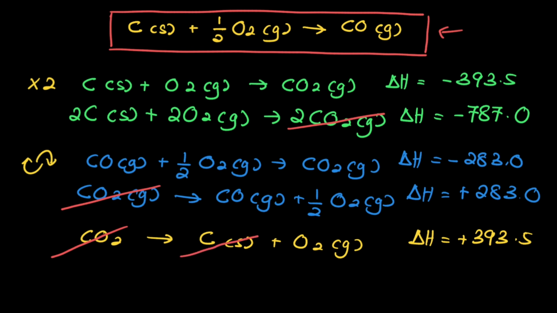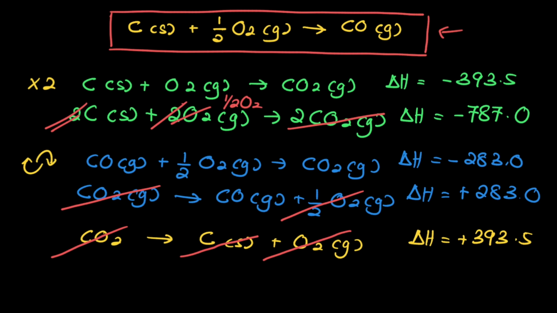So we have another carbon here, so we can cancel out this one. Okay, next up we only need half an oxygen, right? So we have 2 oxygen in the first equation. If we cancel out this one, you will end up with 1. And then we have another half oxygen here, so you will end up with half oxygen, right?